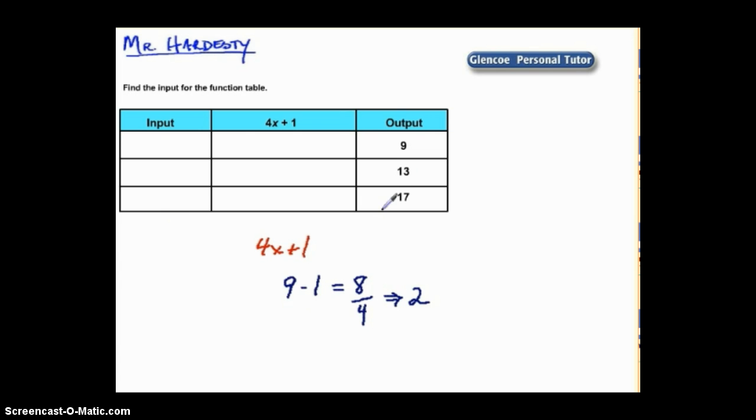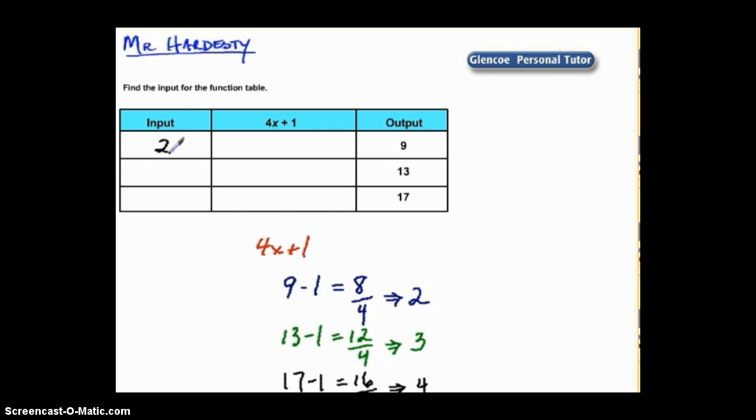We'll do the same for 13. Subtract 1, which is 12, and divide by 4, which is 3. And for 17, minus 1 is 16, divide by 4, a quotient of 4. So 2, 3, and 4.